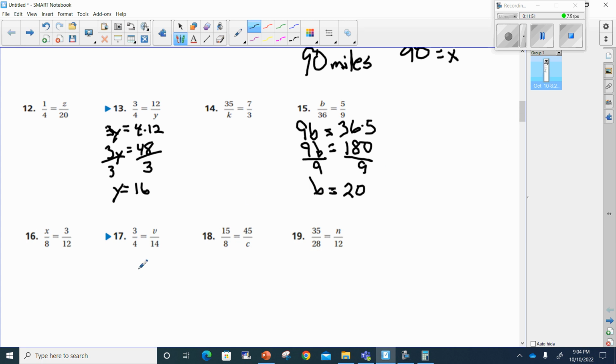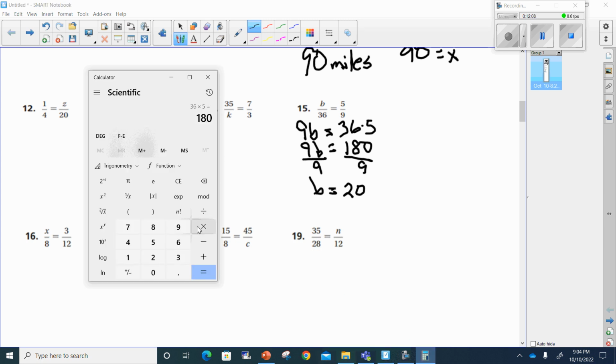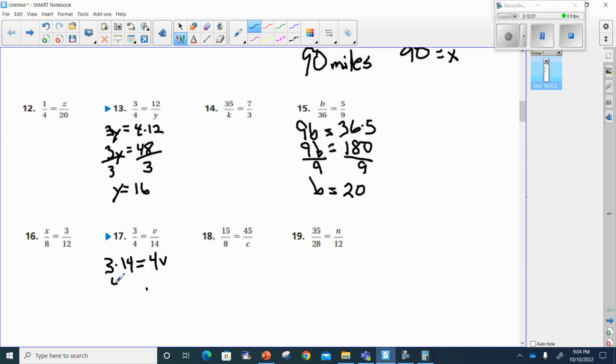All right, let's go to number 17. We got 3 times 14. This works either way. That has to equal 4v. Well, 3 times 14 equals 42. So this would be 42 equals 4v.